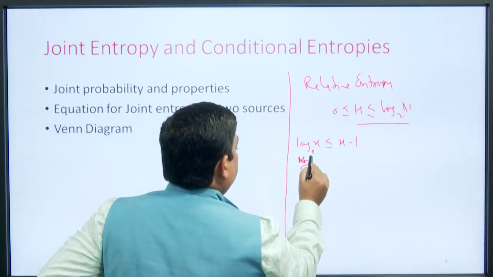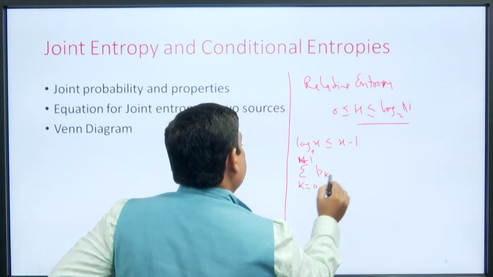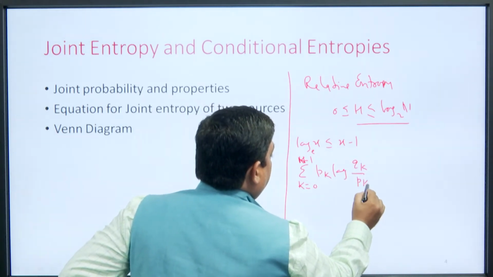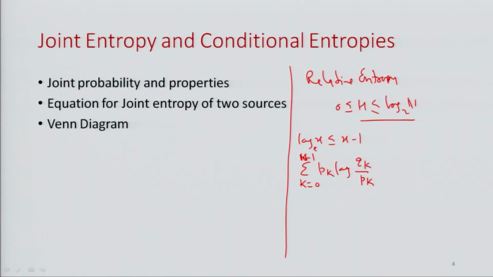This is the summation for k equal to 0 to n minus 1 of probability p k log base 2 q k upon p k, and we have proved that this quantity is always negative.